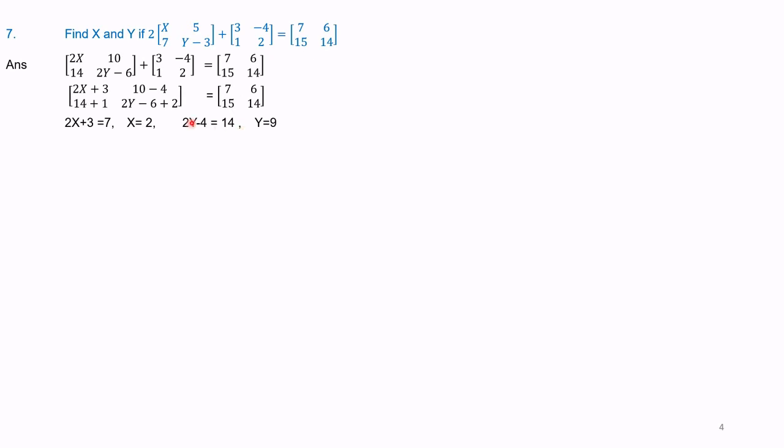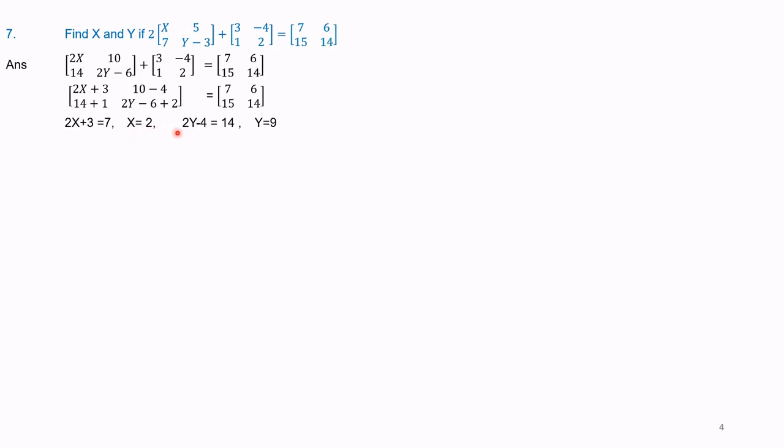Therefore, 2x plus 3 is equal to 7. Here, comparing, the first element is 2x plus 3 and the right hand side is 7. Solving for x, we get x is equal to 2.